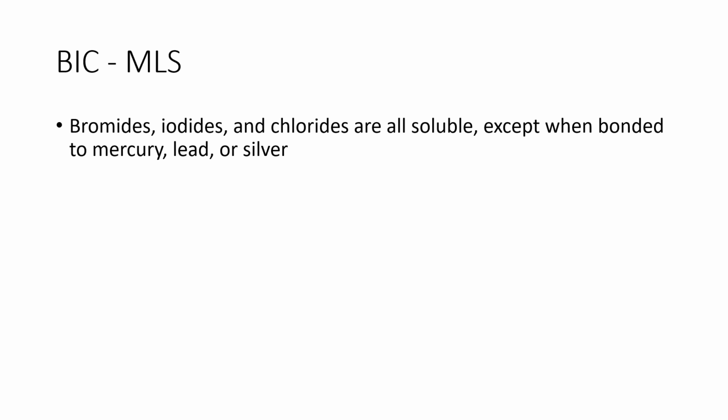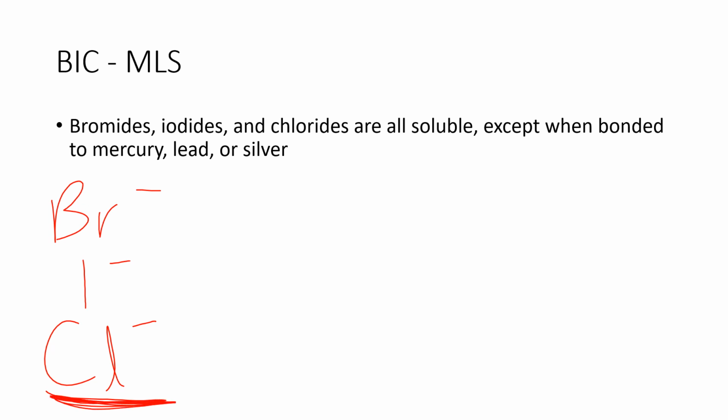Our next mnemonic is BIC minus MLS. So if we have an ionic compound with bromide, Br minus, iodide, I minus, or Cl minus, this is where Cl minus comes in, okay? Don't confuse this with chlorate or perchlorate, which are in the previous solubility rule. This is where the chloride ion, anion, comes in.